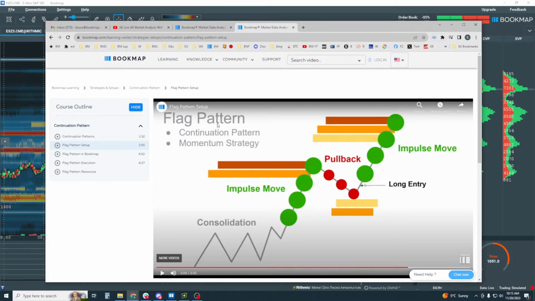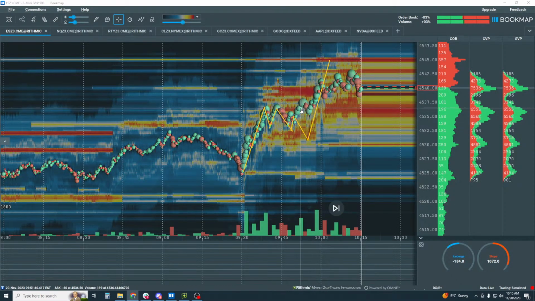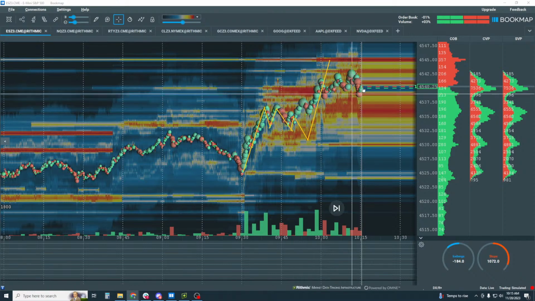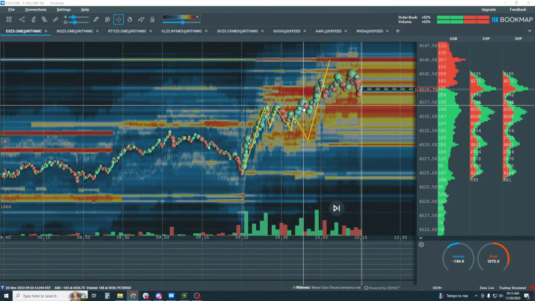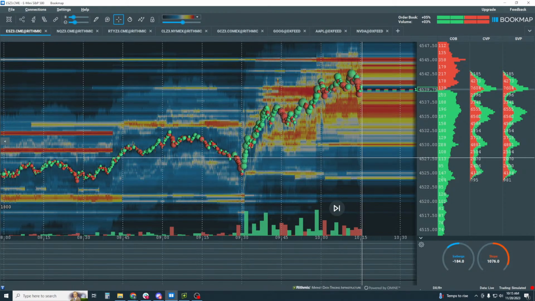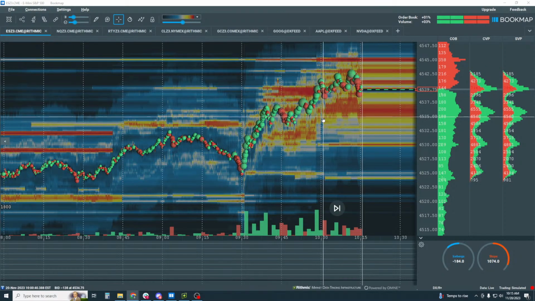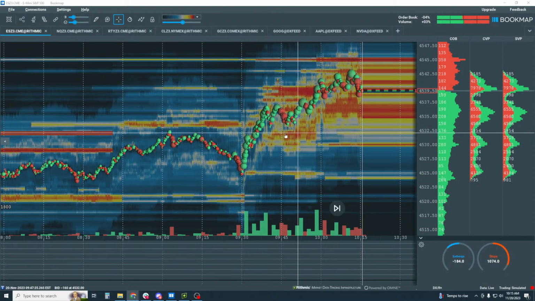You're looking at the order flow. Right. Big distinction here. Understanding the order flow, because there's all sorts of opportunities in here that you might pass up if you're looking for a perfect flag pattern. So it's understanding the concepts behind it in the order flow that's going to make a big difference.